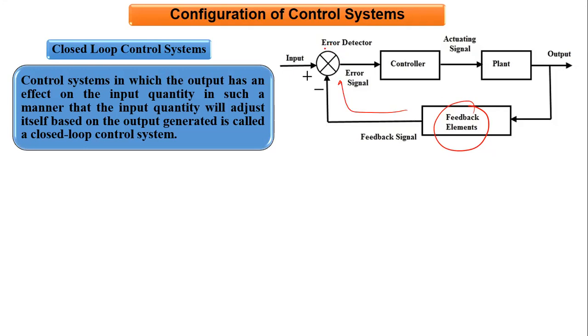This is a comparator, or we can also call it an error detector. Here the feedback value is compared with the input, and a difference which we call an error signal is detected. This error signal is given to the controller.